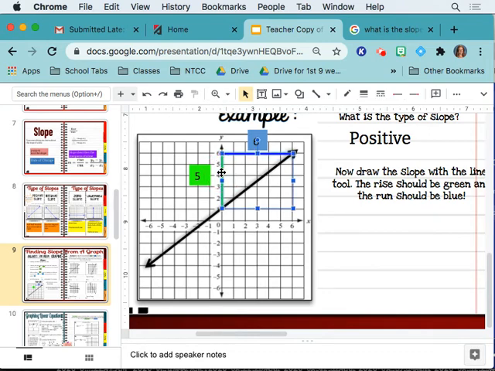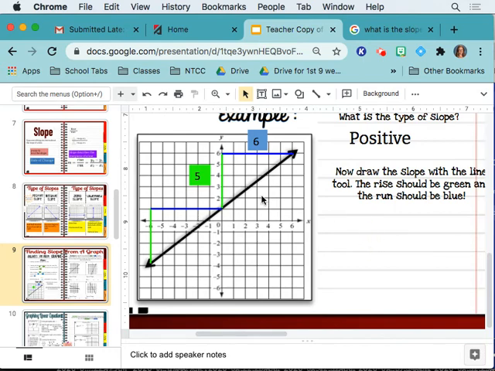So let's select our line again. Push shift, select our blue line. Hit Control C and Control V. And then you're going to move this down and show that if you do a rise and run here, you also do a rise run here. It's not working because two things aren't selected, that's why.